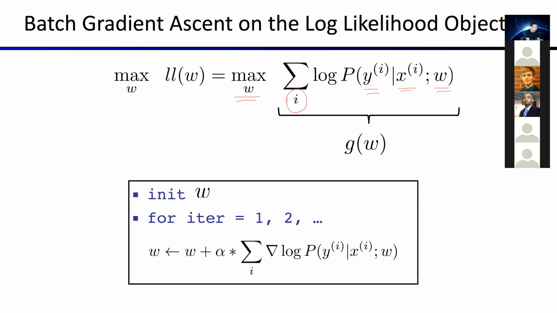So we have a set of examples, x1, y1, x2, y2, up to xn, yn. So these are given. You can represent it as D, your training set.